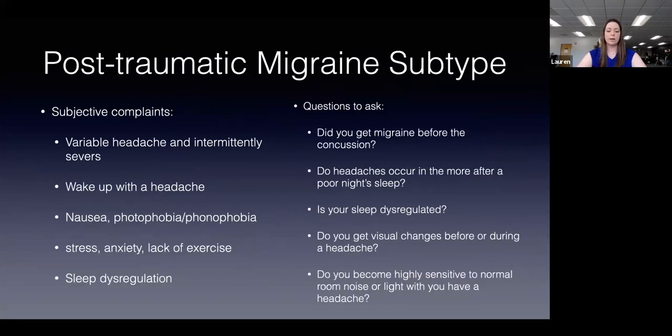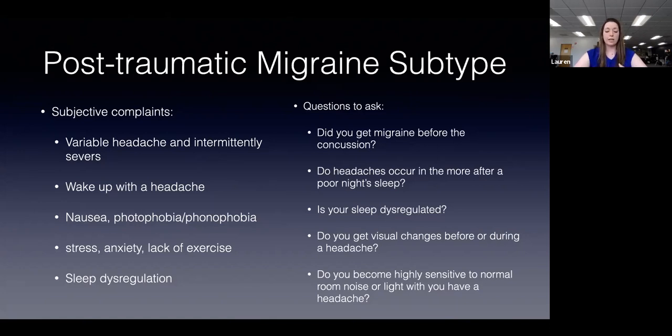For the post-traumatic migraine subtype, since we mentioned that the ocular visual subtype is more suspected when there's a lot of light sensitivity as the driving symptom, we'll go over this one next. Patients will usually complain of a variable headache that's intermittently severe.